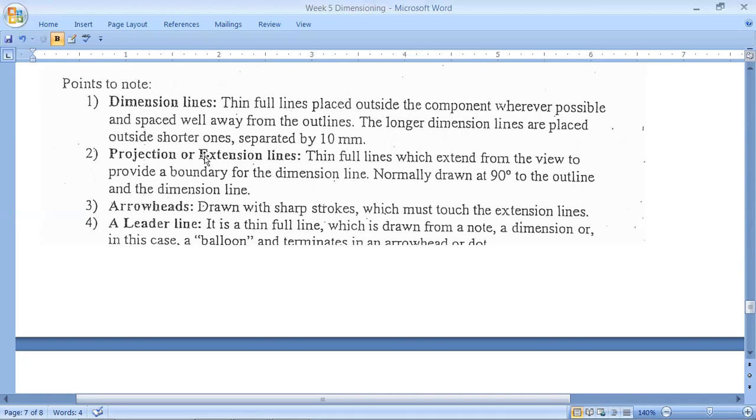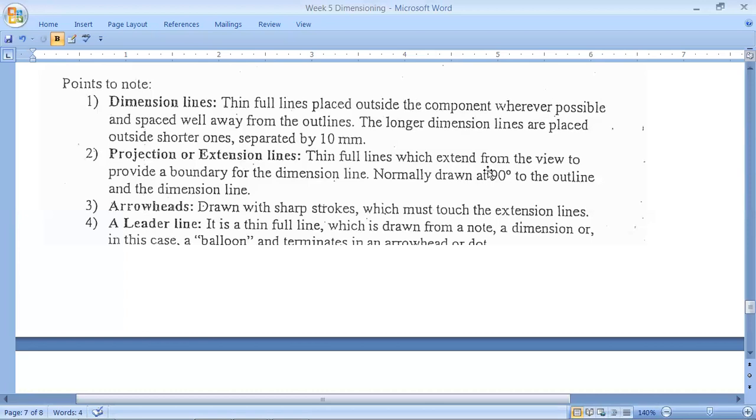The projection line or extension line is a thin full line which extends from the view to the boundary provided for the dimensioning line, normally drawn at 90 degrees to the outline and the dimension line. The arrowhead is drawn with a sharp stroke and must touch the extension line.